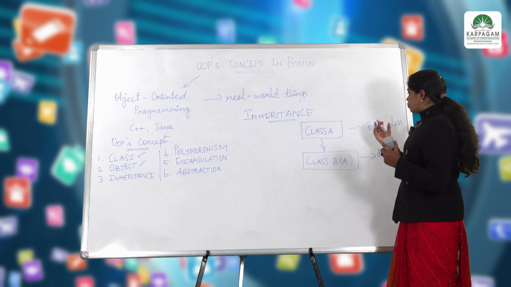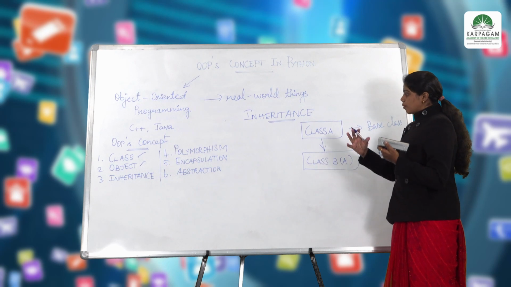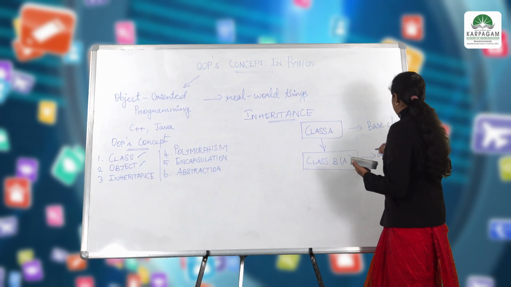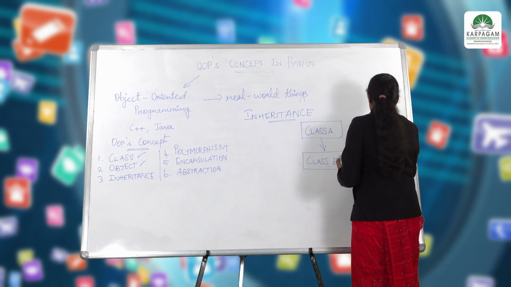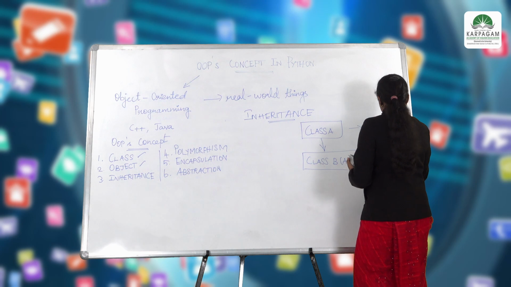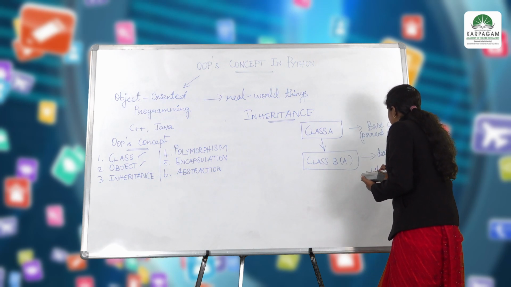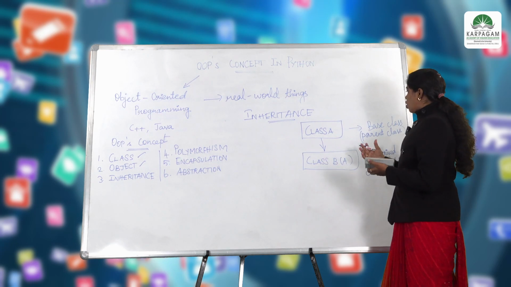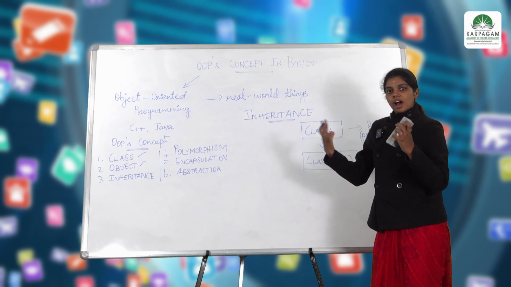Both are two different classes, but B can have all the properties that class A already has. A is also called the parent class. Think of it, anything like a behavior or blood or a character which we already have from our parent side.